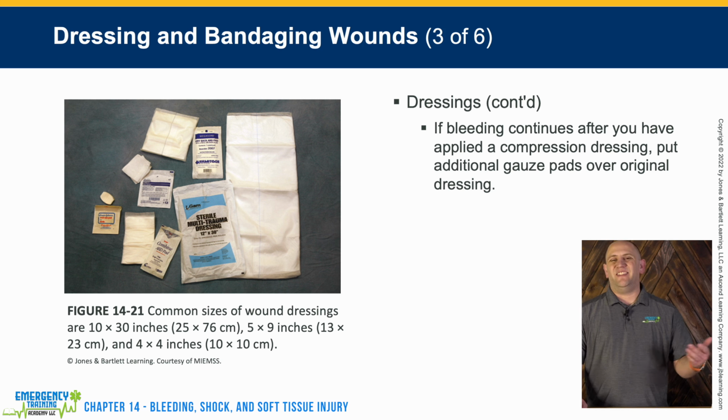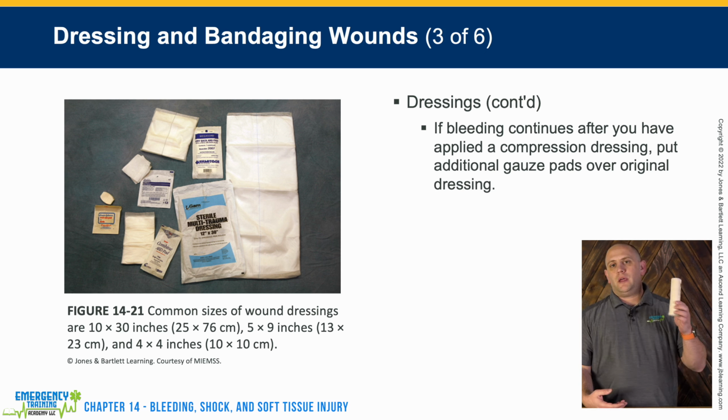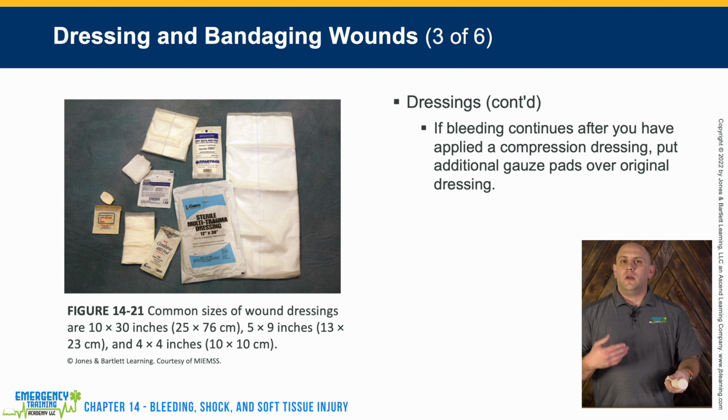If we've done that, then it becomes a tourniquet. And if you remember when I talked about tourniquets, we want to stop all blood flow, but if we tighten down a compressed gauze or something like that, it's not going to have enough pressure to stop the arterial flow.